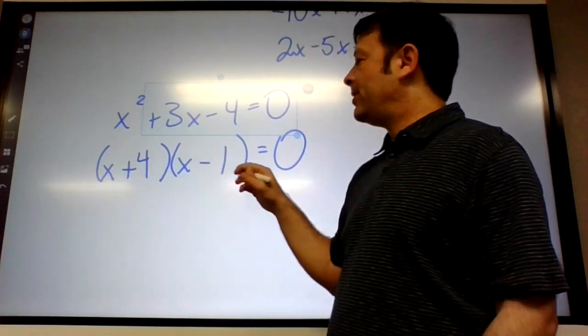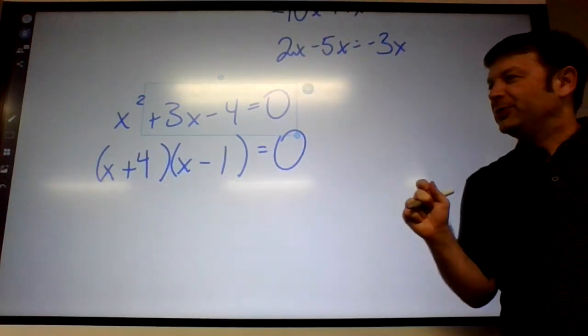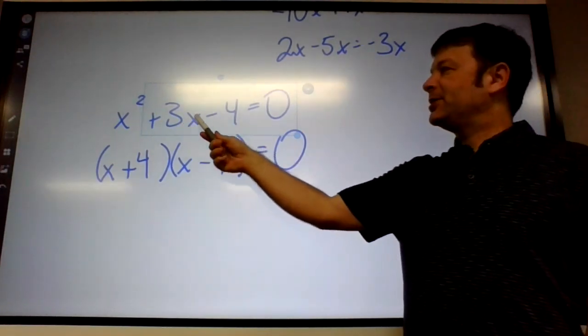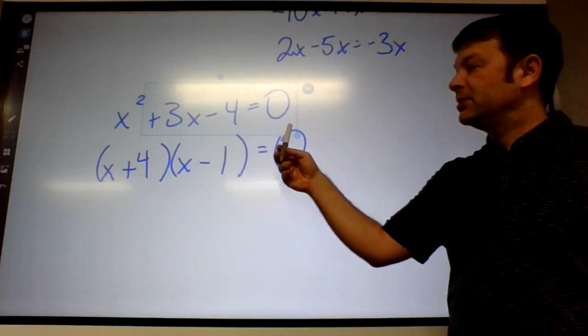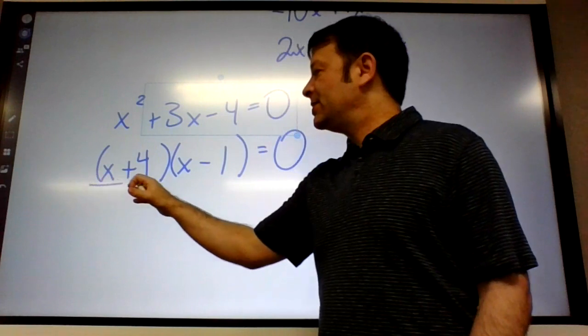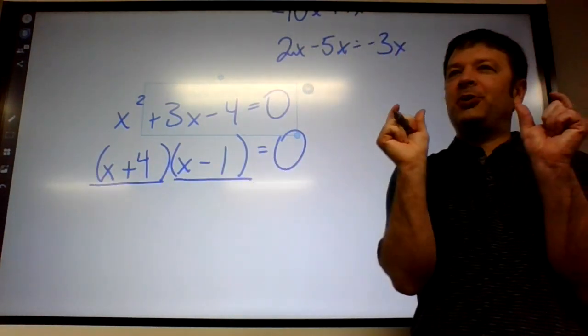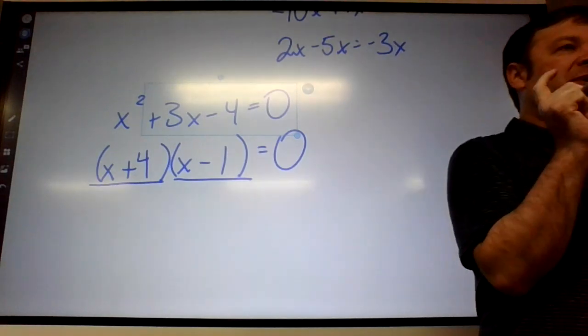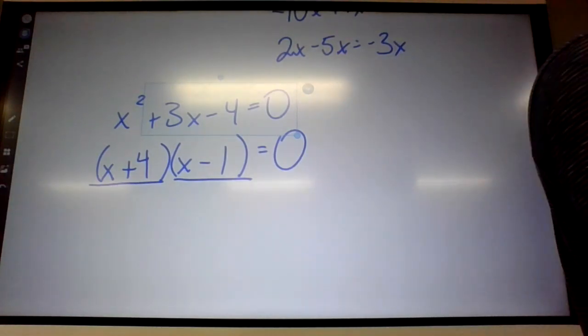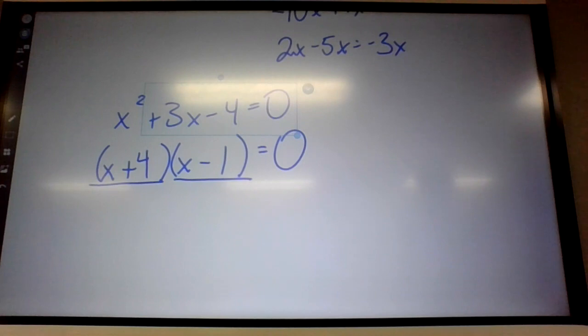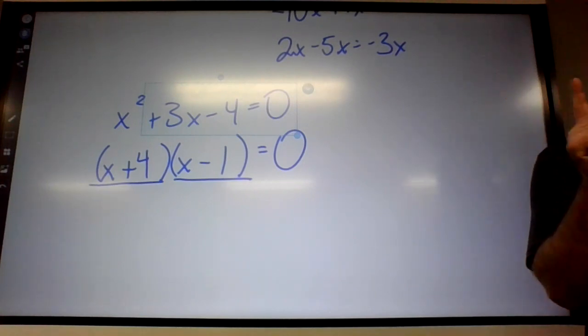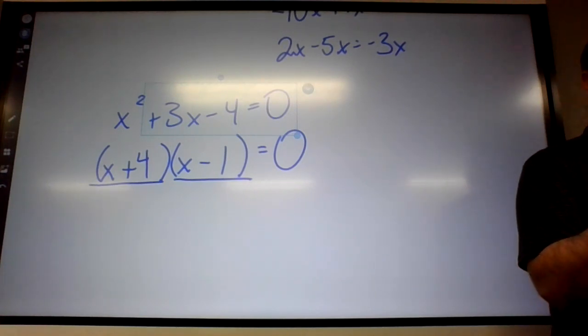Okay, now we're trying to figure out what x values would make this equation work, right? So I have this times this equals 0. If two things multiply to get 0, what has to be true about one of those things?